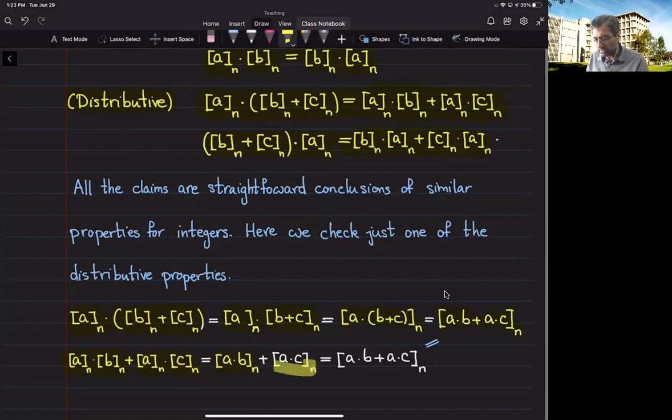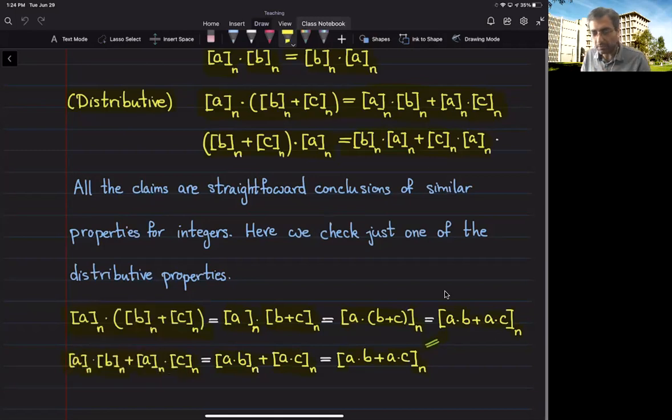This is the residue class of A times C. Now I need to add these residue classes. Again, it means I have to add in the integers and then add these decorations. So I add A times B and A times C in the integers, A times B plus A times C, and then I take the residue class of this integer modulo n. That's the same as what we had before. This means that these things are equal.